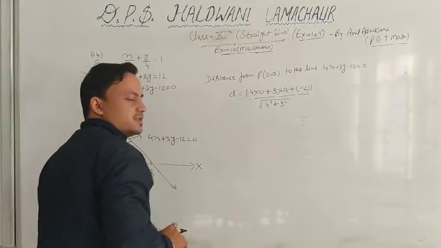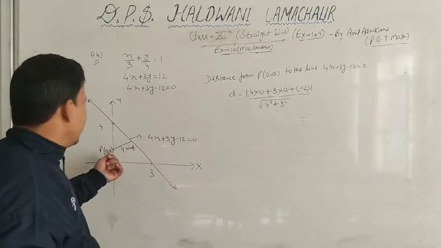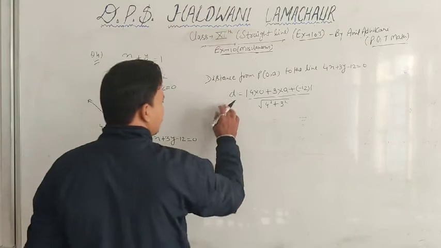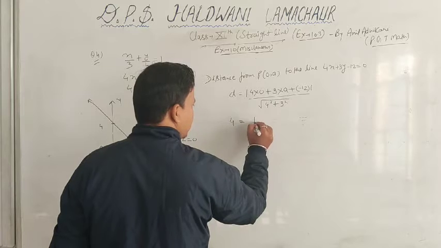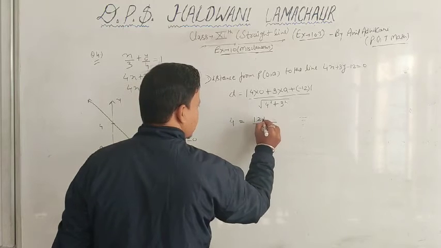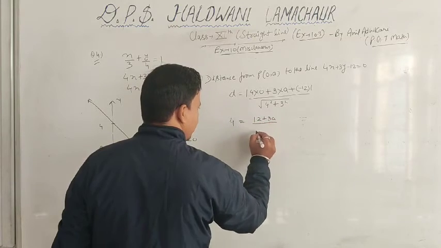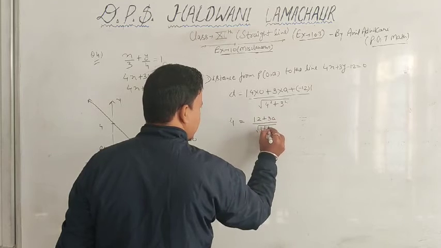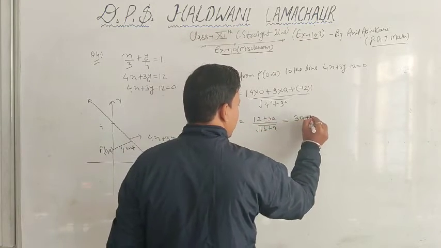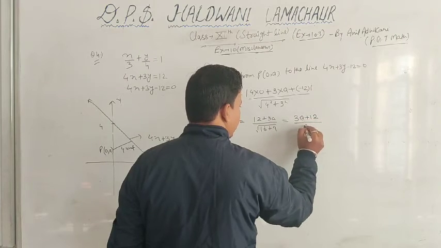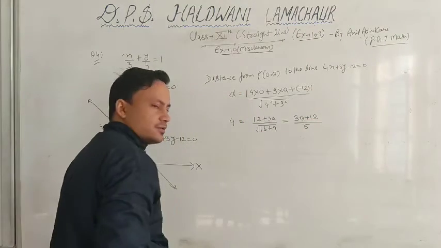But it has been given that the distance of the point from the line is 4 units. So we will put the value as 4. So what we get in the numerator is 3A minus 12. In the denominator, root 16 plus 9, that is 3A minus 12 upon 5. 16 plus 9 is 25, whose root is 5.